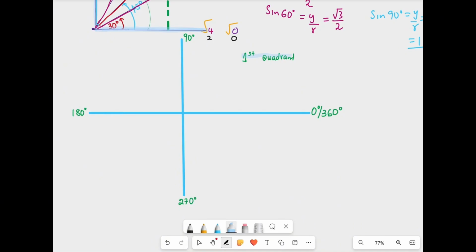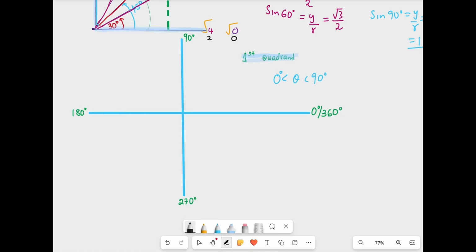In the first quadrant, our angle theta is between 0 degrees and 90 degrees. That is the first quadrant.